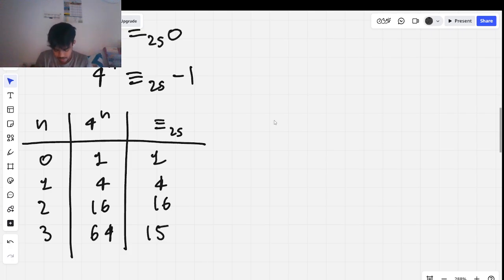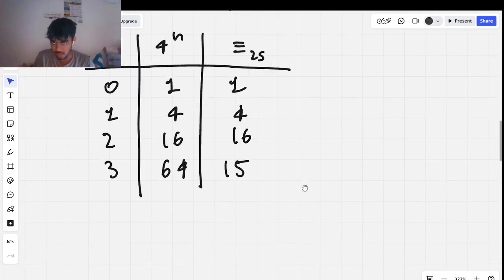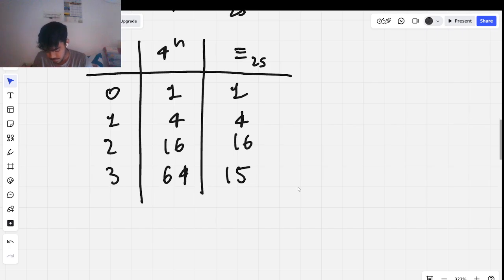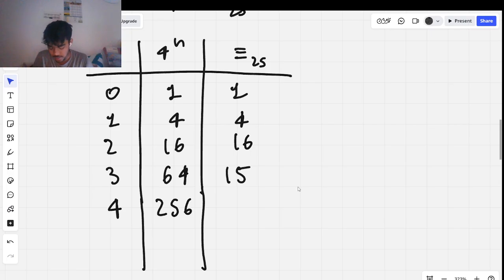I'm kind of drawing a table here. Let me try again. 4 to the 4 is 256, and 250 is divisible by 25 with remainder 6. 256 times 4 is 1024.